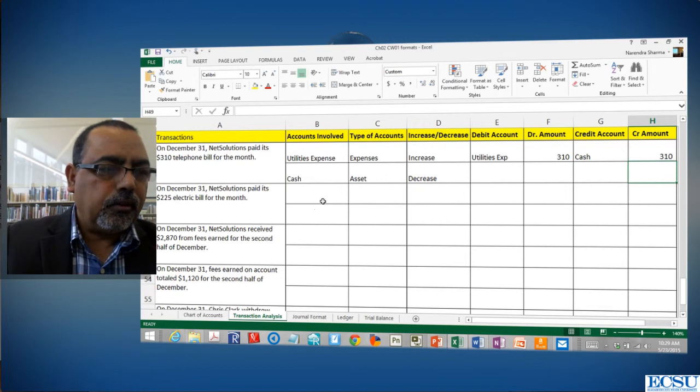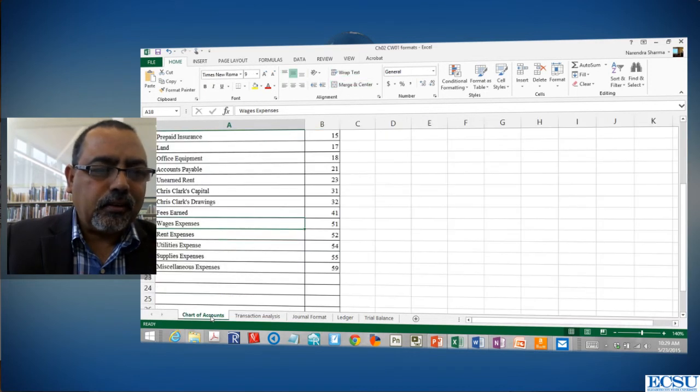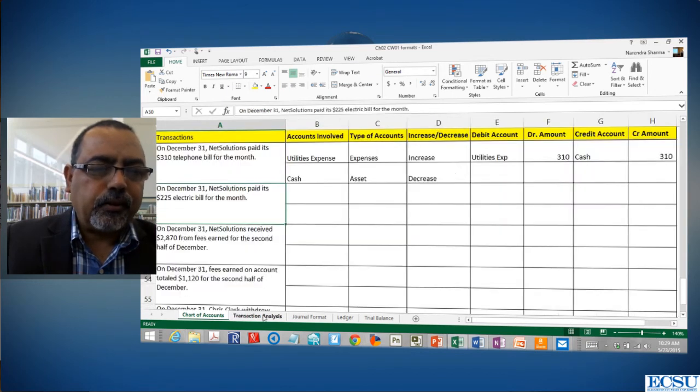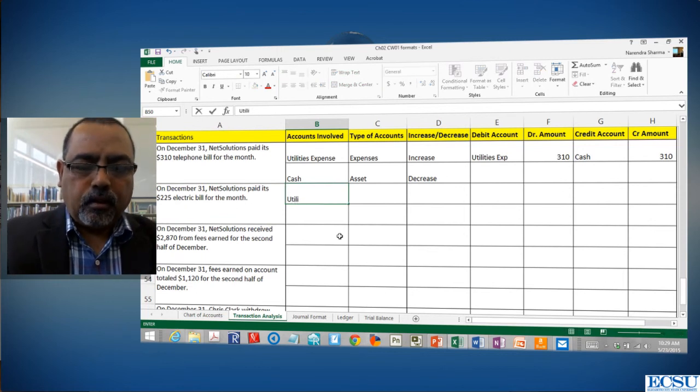Now let's go on to the next one. It says Net Solutions paid its electric bill. So do we have an electric expense account, or will we book it as utilities? We'll book it as utilities because they don't have a separate account for that. So utilities expense and cash.